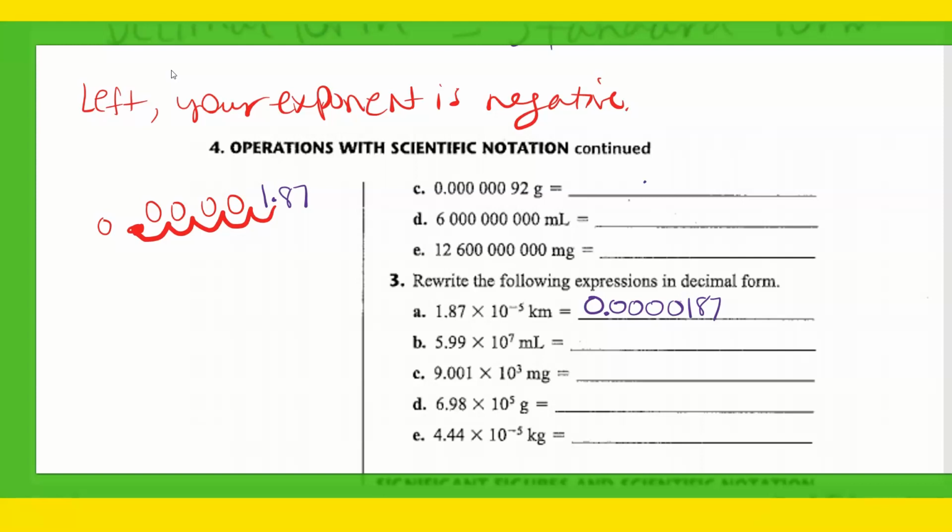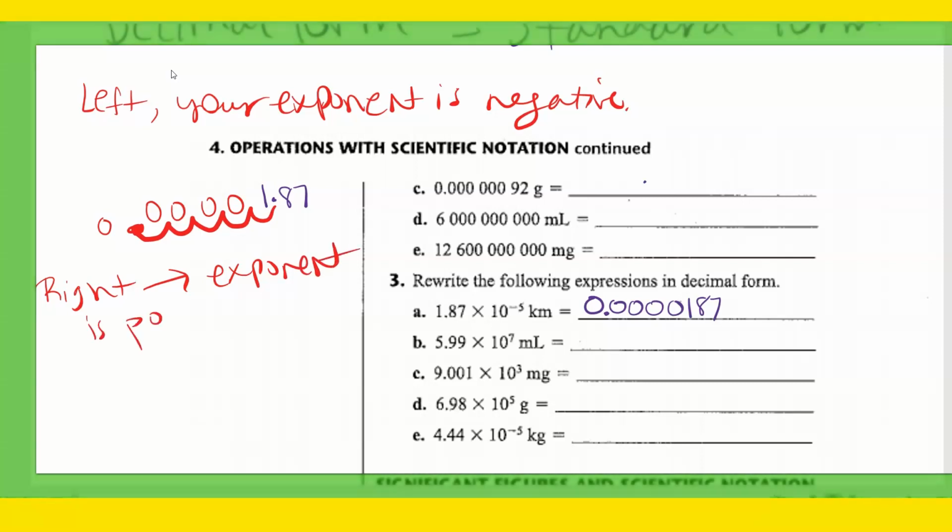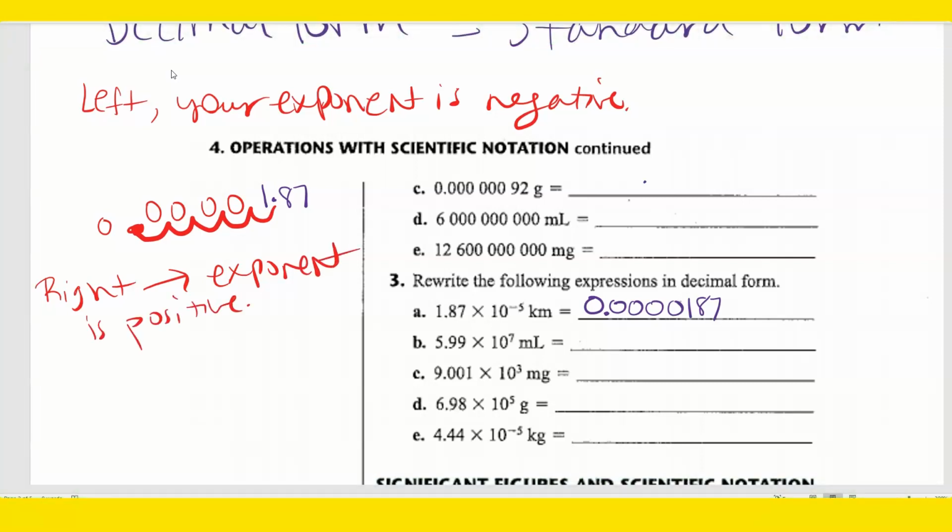Letter B. Because you have a positive exponent, you're going to move your decimal to the right. So here we go.